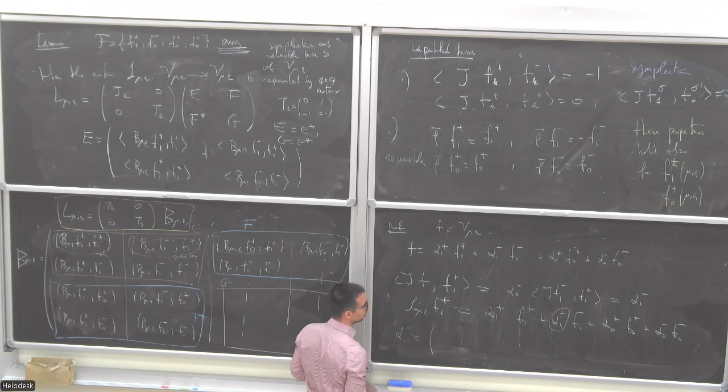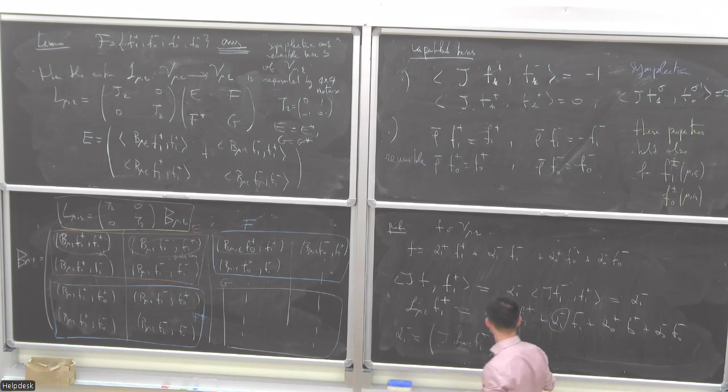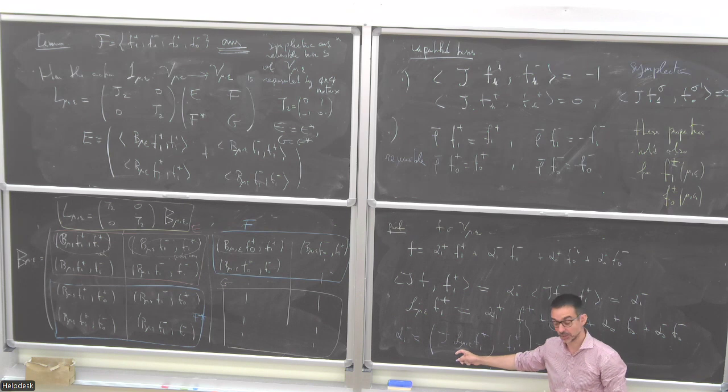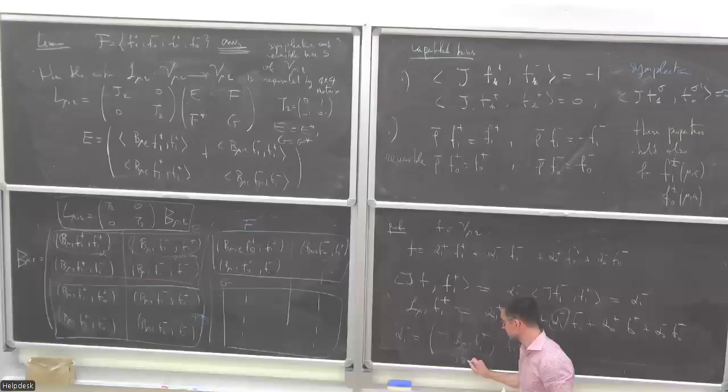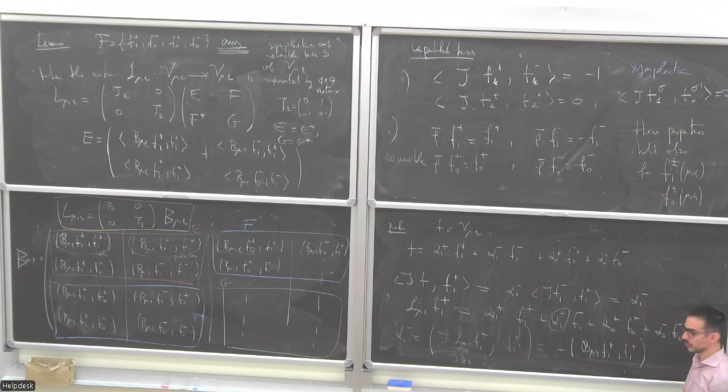I need to take J L mu epsilon f1 plus, scalar product with f1 plus. But L is symplectic. No, L is Hamiltonian. So L is J B mu epsilon. J squared is minus identity, and so this is minus B mu epsilon f1 plus, f1 plus.